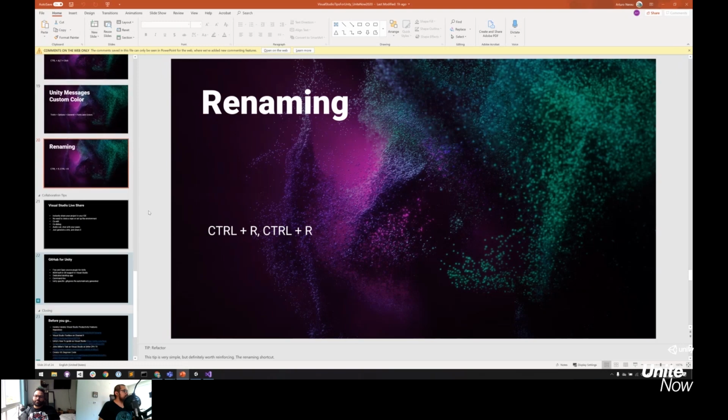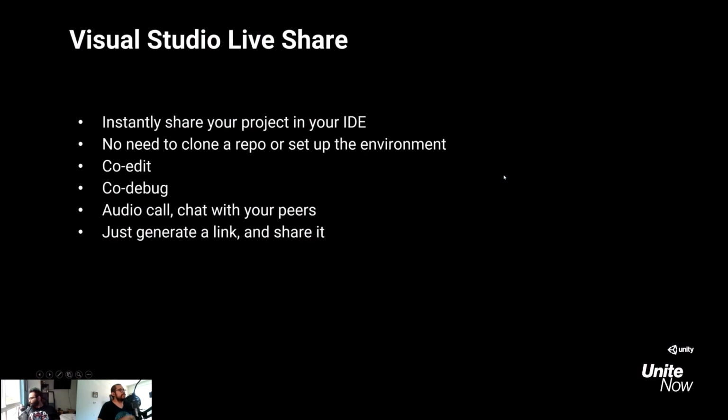Now let's talk about two other cool collaboration tools, Abdullah, and then let's demo them. Sure. Yeah, one of the cool features that I'm really excited about, and I really love to share with people how to use it, is Visual Studio Live Share.